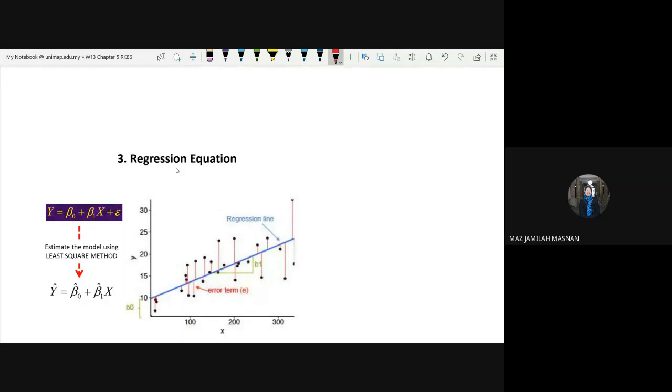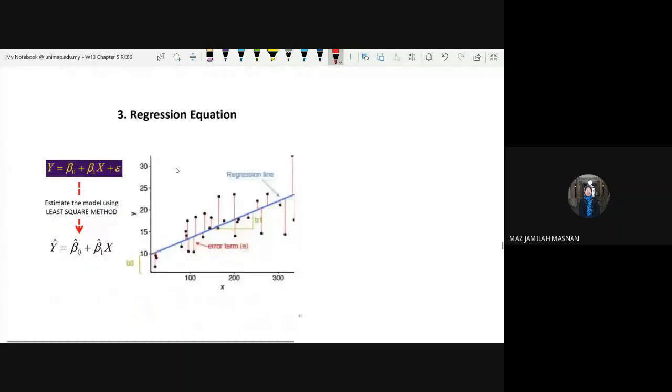Now we have seen how we can do our scatter plot using Excel, and then we can use our Excel to help us find the correlation coefficient R, and then we can also test the hypothesis for the population correlation coefficient, to know whether the two variables that we are investigating have linear correlation or not. Now, we haven't seen how our models look like.